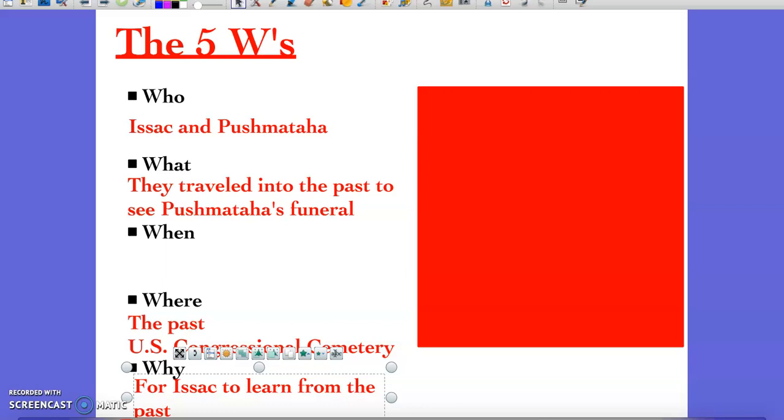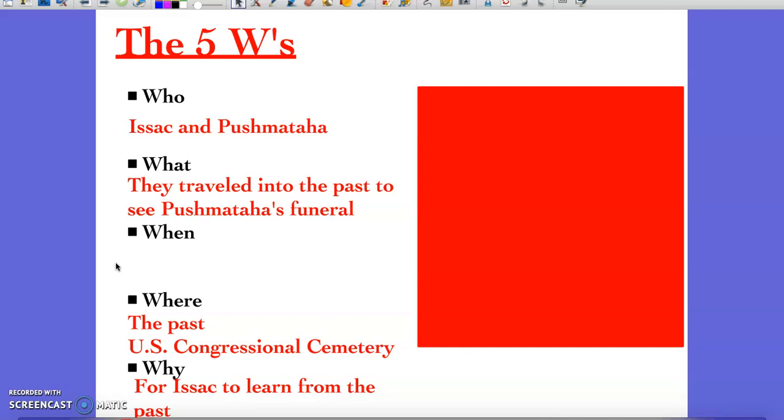We just know the reason why they went back was for Isaac to learn from the past. So as hard of a chapter as that is, imagining yourself watching your own funeral and having to see that for both Isaac and Pushmataha, how hard that might have been, we know that there was a reason behind it. It just doesn't explicitly tell us what that reason is.